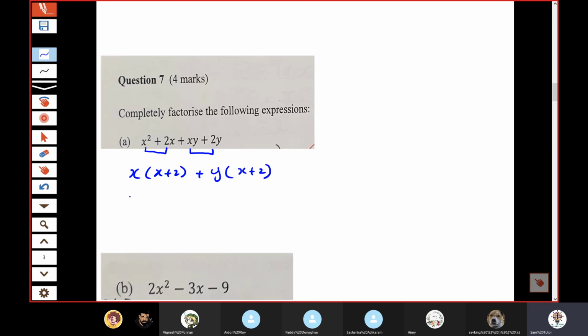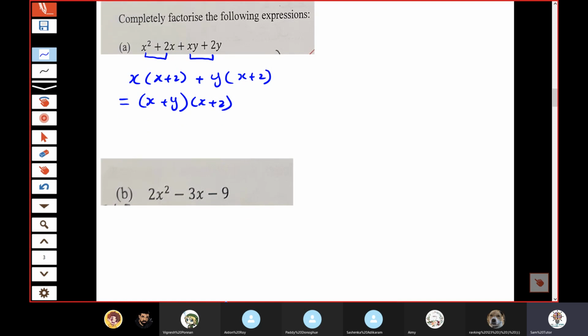Then when you've got the pair, that should have been x plus y and x plus 2. Anyone have any questions there? No?